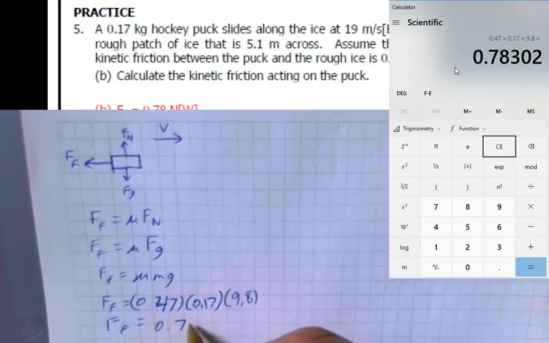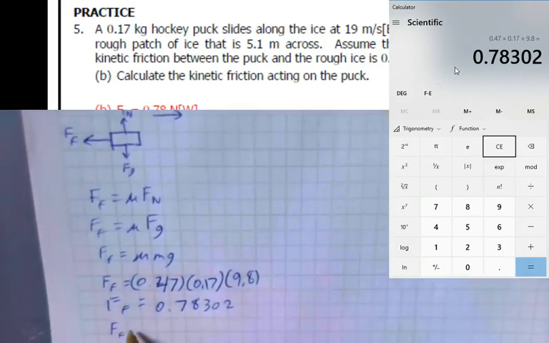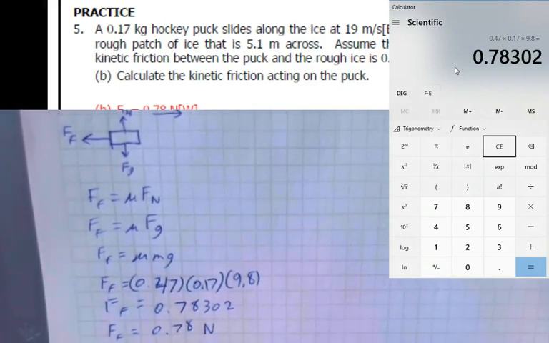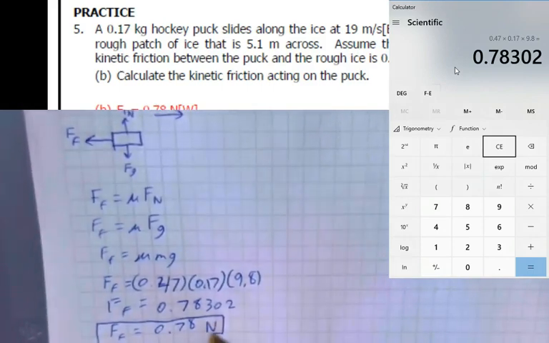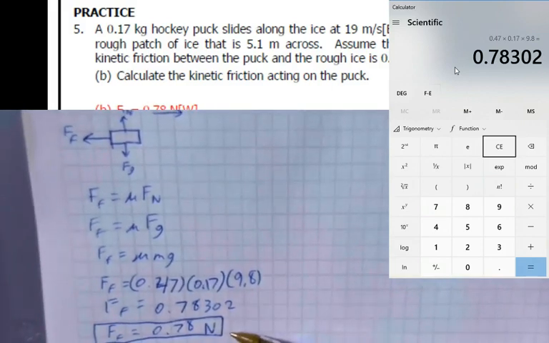is 0.78. I'm going to write down the full value, and then I'm going to write down just the value with significant digits, because this is my reported value.